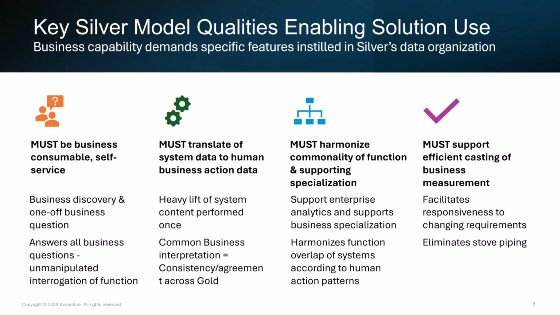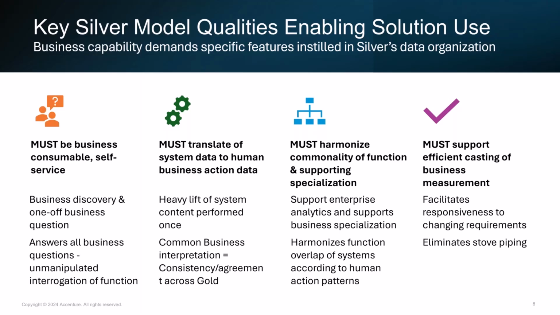And with the transformation of the system to human action, and the harmonization of the enterprise data across multiple lines of business, we bring consistency to business measurement. A silver tier that is directly consumable by power users and harmonizes enterprise data to human action patterns also naturally supports efficient casting of business descriptive data into business measurement.